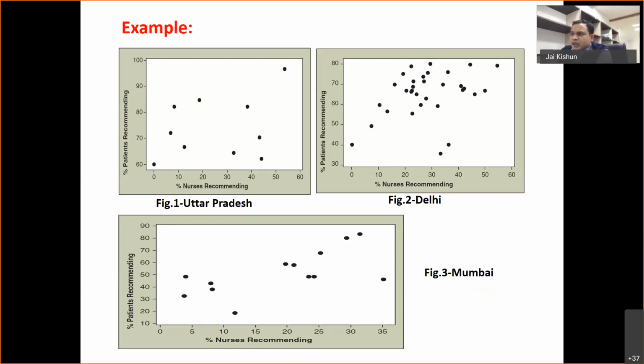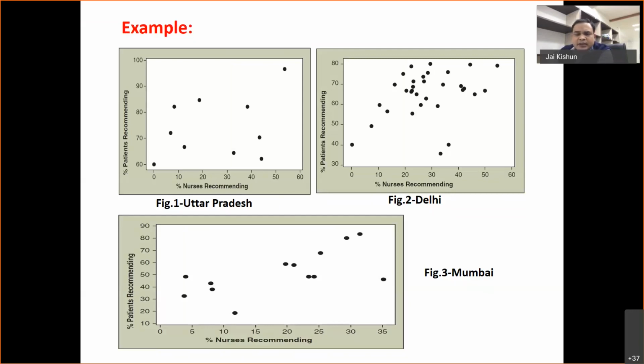Basically a survey was done, and in this survey the participants were patients and nurses, and the question asked was about recommendation for government hospital in some scores.